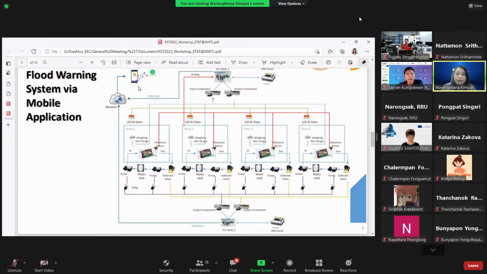And we can also use all the data that we collect from each small simulation set. The data will be gathered and can be used for further flooding prediction and monitoring in the future.